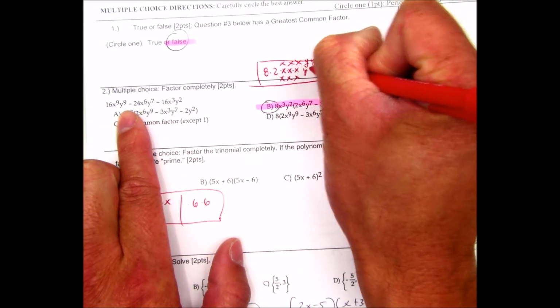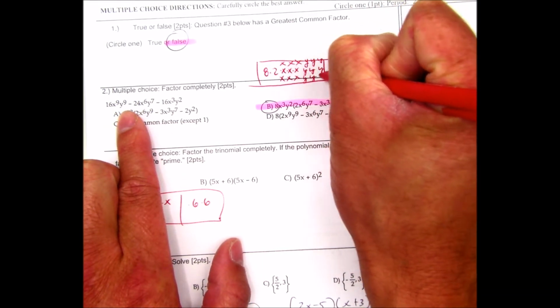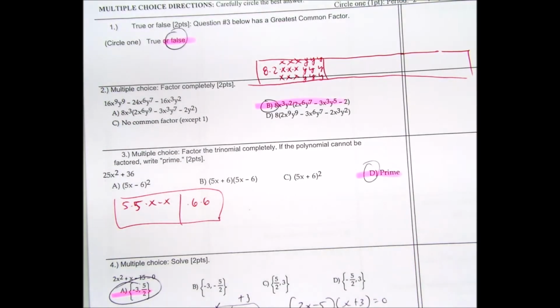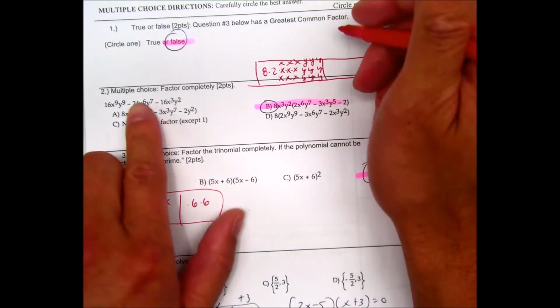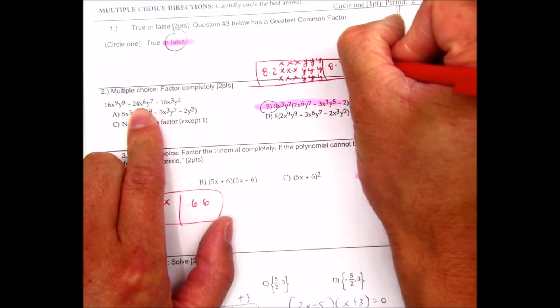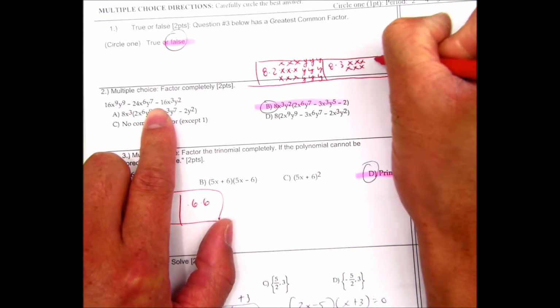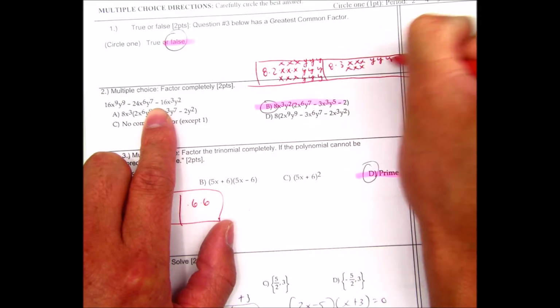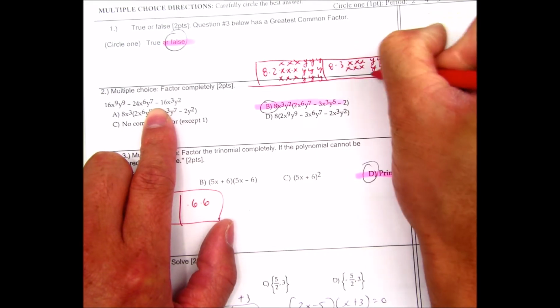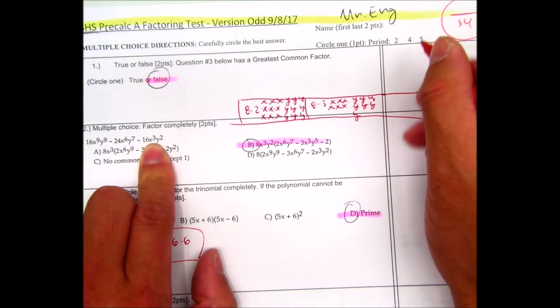This is a super long way, but it will definitely get you the answer. I have 8 times 3, and then 6 x's, and then 7 y's. And then this one is 8 times 2, and then a set of x's, 2 y's.